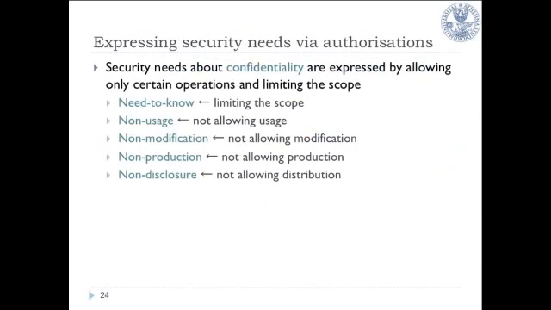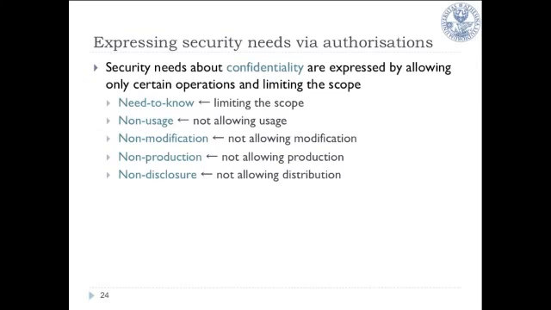But when we do limit the scope, then the actor is requiring that this information is manipulated only for that scope, not for any other reason, requiring a need-to-know security need. And for each operation that is allowed or disallowed, not allowed, we can derive yet another set of security needs. So when the usage operation is not allowed, so it's not granted, the first actor is requiring non-usage of that information.